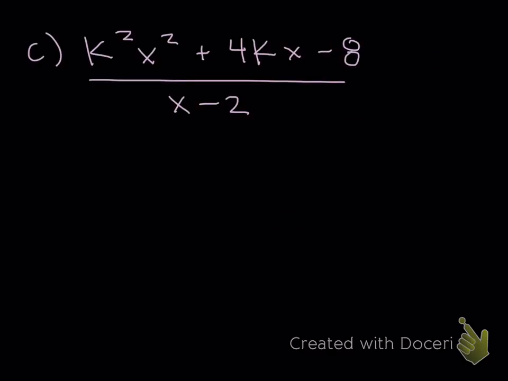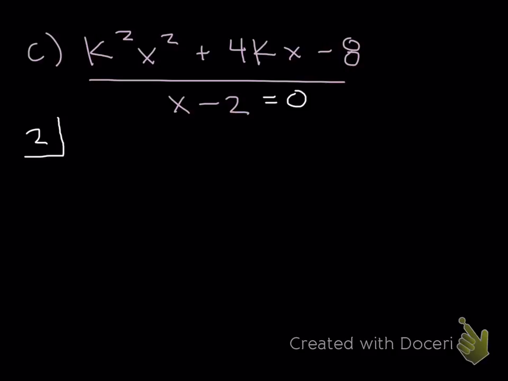So again, letter C. Now they're going to ask you for the value of the remainder again, but now we're going to use K's instead of A's. Notice I have the binomial value. What I don't know is our coefficients. So if I set our binomial equal to 0, the value that I'm dividing by is a positive 2. And now we're going to go through and write our coefficients.